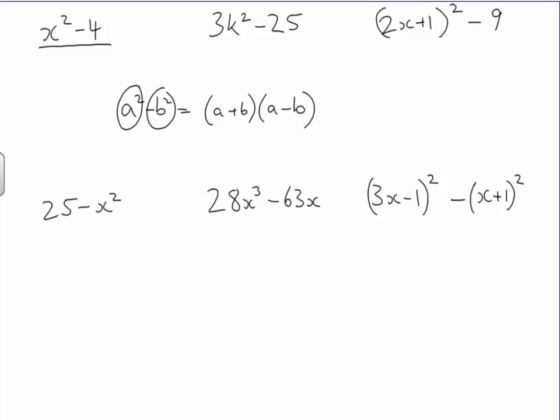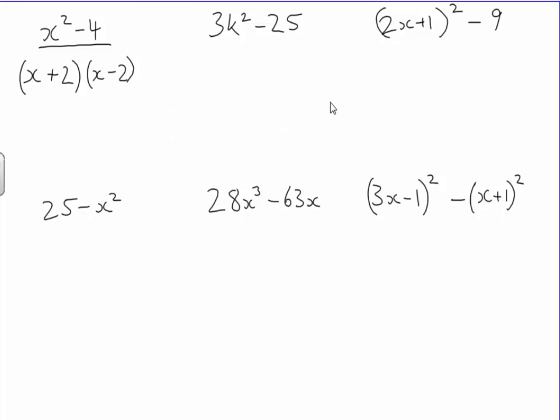So really, to change it from the form I've got into a factorised form, I need to get the square root of x squared, which is x, put that in the first bracket, and I need to add the square root of 4, which is 2, and then I need to get the square root of x again and subtract the square root of 4. And so you can see it mirrors very closely what I've done here with the general form of that to get our answer.